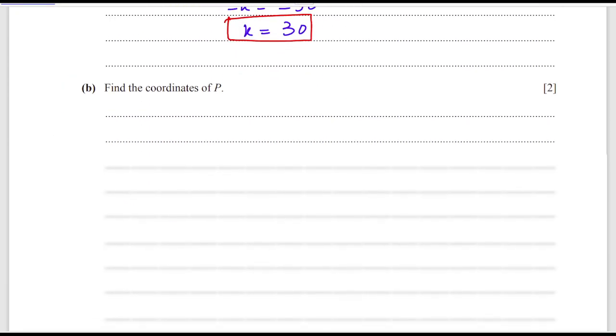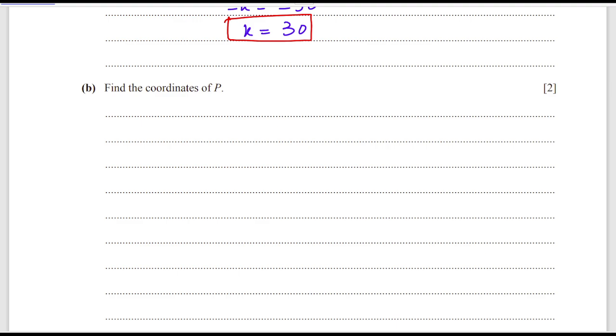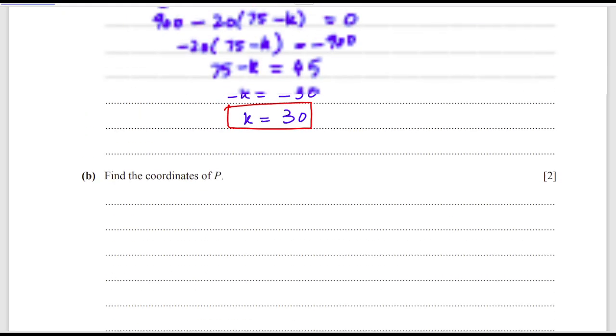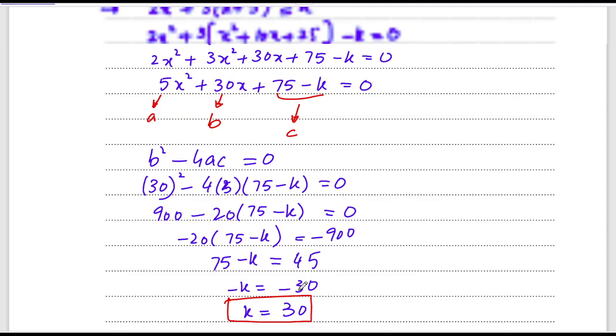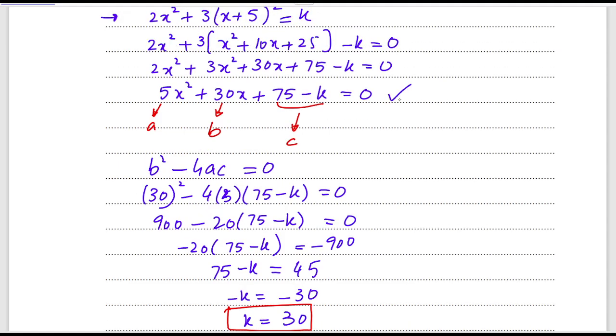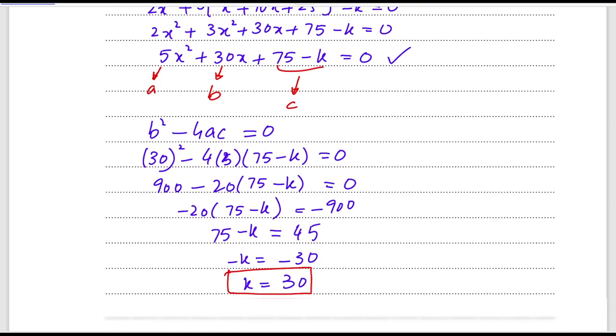Next part B, find the coordinates of P. Well, simple. For coordinates of P, the point where the line intersects the quadratic, the simple concept is substitute this value of k into the standard quadratic and find value of x from that quadratic, and then put that value of x into the equation of line to get value of y.